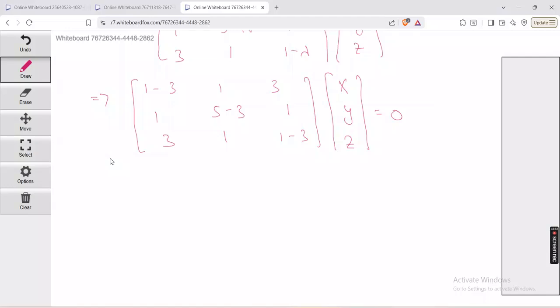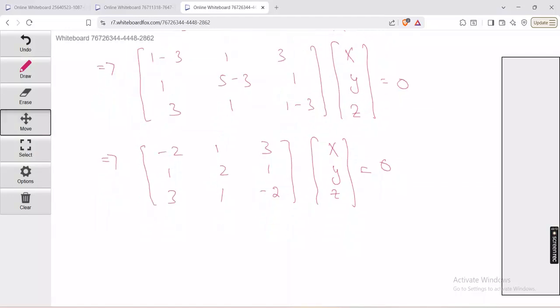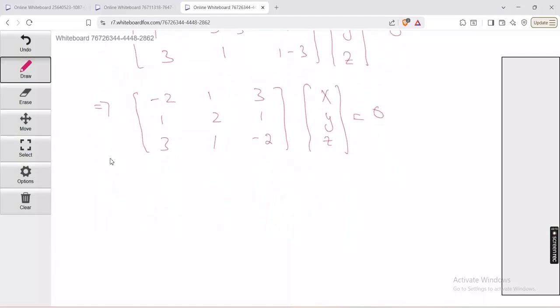Now simplify it again. What will you get? Minus 2, 1, 3, 1, 2, 1, 3, 1, minus 2. You will get here x, y, z, which is equal to 0. Now if you remember, once we reach here, we put them into the equations, same as we did previously.